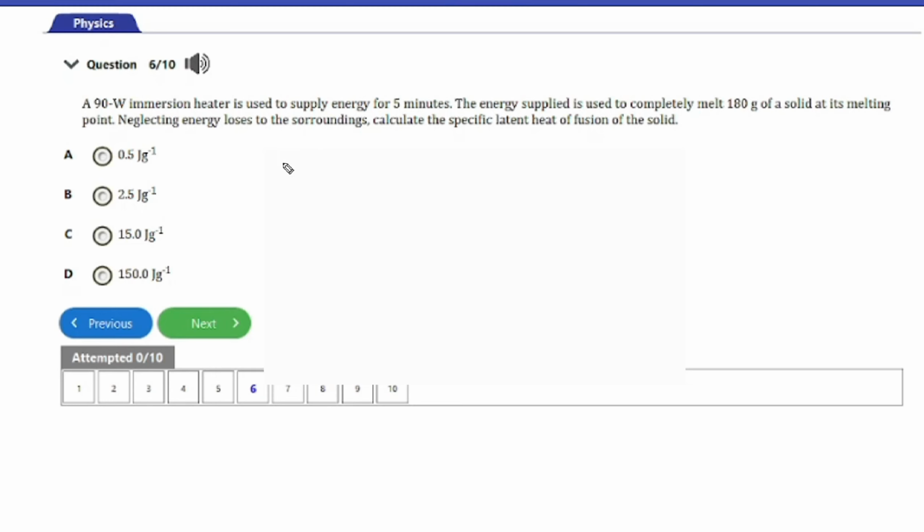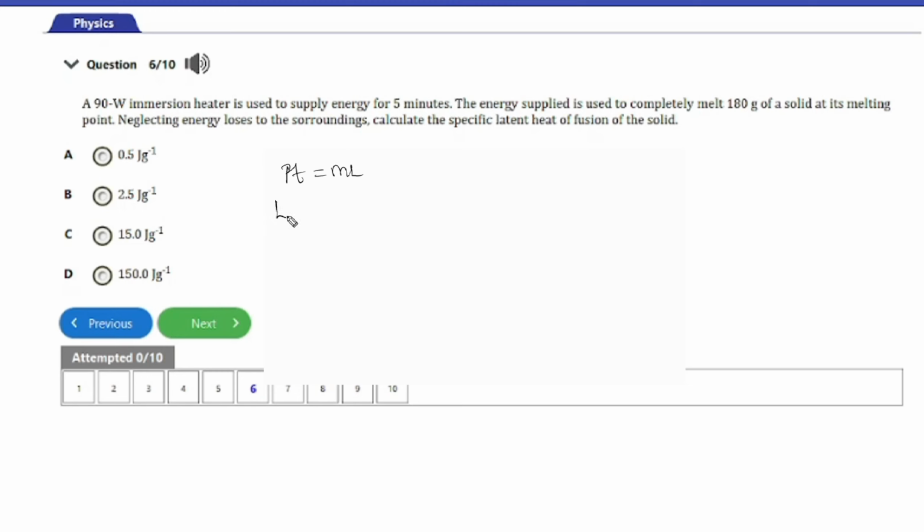So guys, looking here at the option, we have the specific latent heat options as joule per gram. So we can always leave this mass in gram here, but then the time here in minutes we can change it to seconds, and that's 5 times 60 seconds, so that's 300 seconds. So using the formula PT is equal to ml, so we're looking for L here.